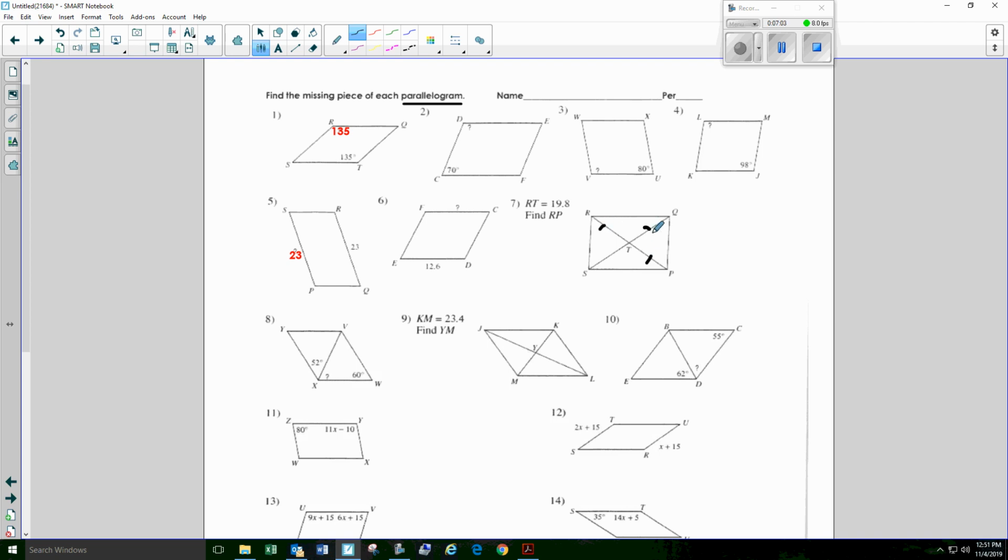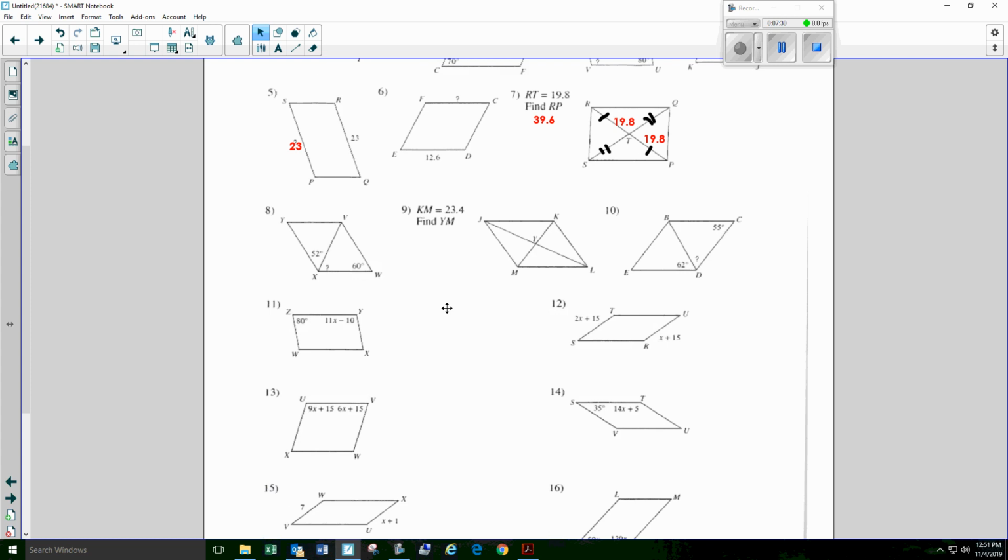So that's equal to that, and that one is equal to that one. It says RT is 19.8. So you put 19.8 there, which then obviously means this down here must be 19.8 since they bisect, they're equal. And now it asks for the whole distance. 19.8 plus 19.8 is 39.6. That would be your answer for RP right there.